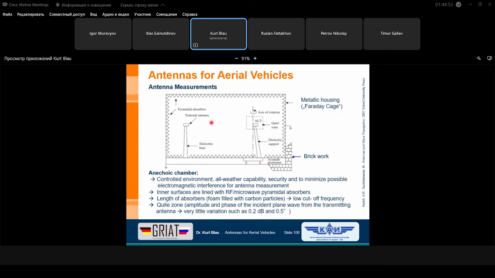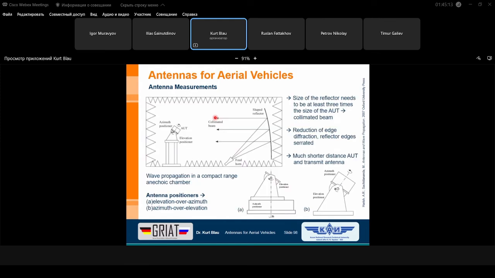And so here, in a lot of cases, that in-house scenario is applied. We have here a so-called anechoic chamber. It's the same as what I have shown you in the case of this compact test range.